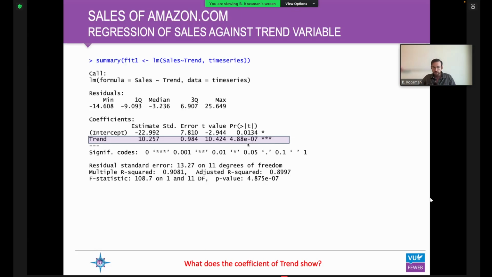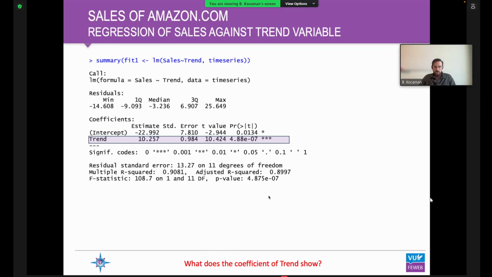So the p-value is less than 0.05. So we can conclude that this coefficient is significant, and a 1 unit increase in trend increases the sales by 10.25.